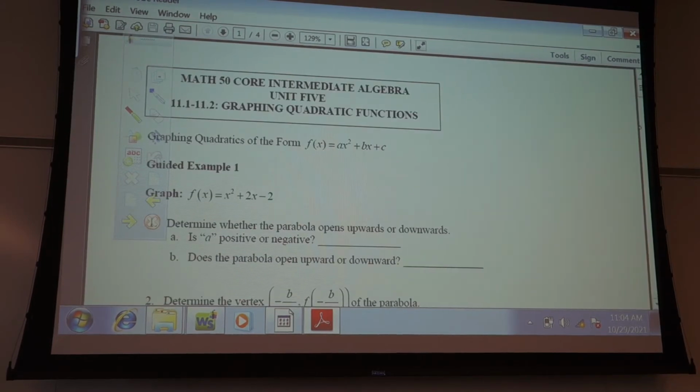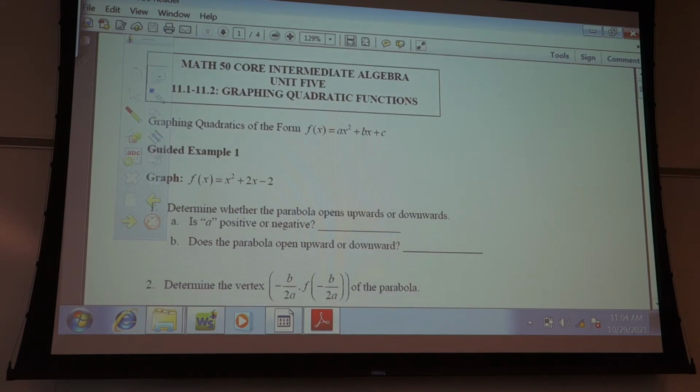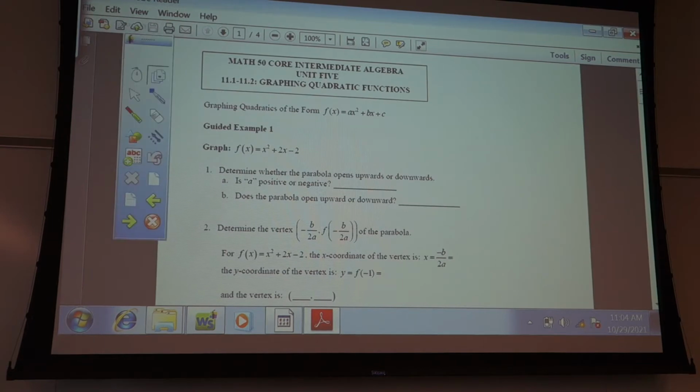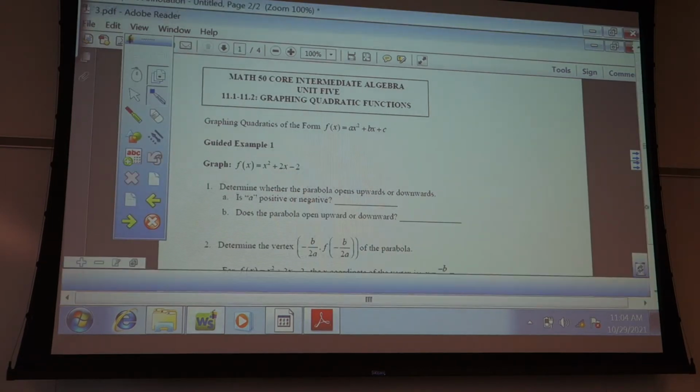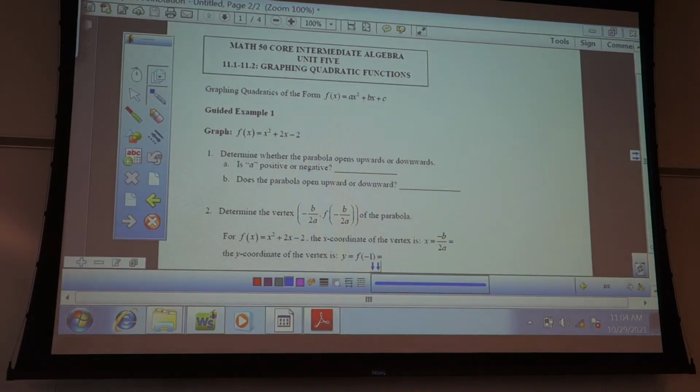So the handout starts off looking like this. I'll make it smaller. So that's the start of it.